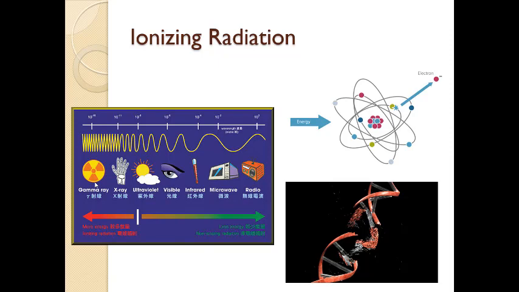In this sense, it is so energetic that the energy can actually knock parts of our atoms off, electrons or other subatomic particles. And this can actually break down our DNA, causing mutation and ultimately cancer over the long term, or even complete organ failure if we get a large enough dose.